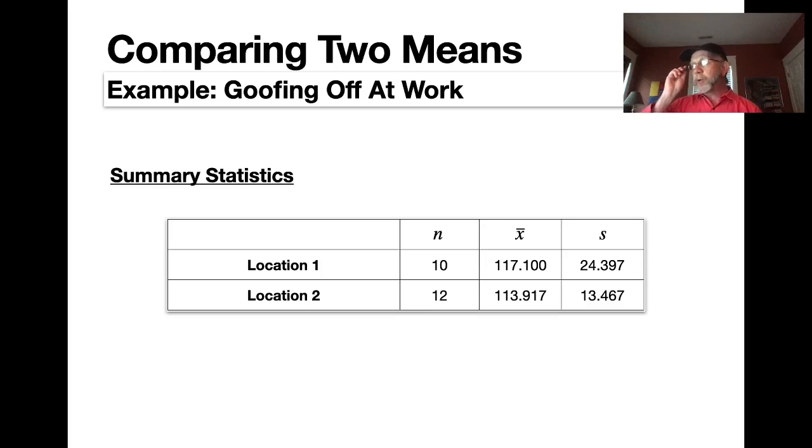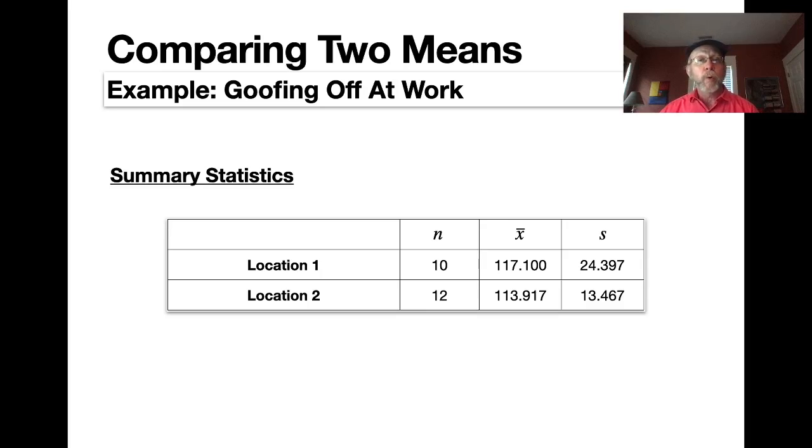So looking at those summary statistics here, you see with respect to the means something similar to what we saw with the box plots. That is, there is somewhat of a difference between the means, but not a lot. A mean of 117.1 minutes for location 1, a mean of 113.9 minutes for location 2. So it looks like a difference there of about 3.2 minutes in the average times in the samples, right?